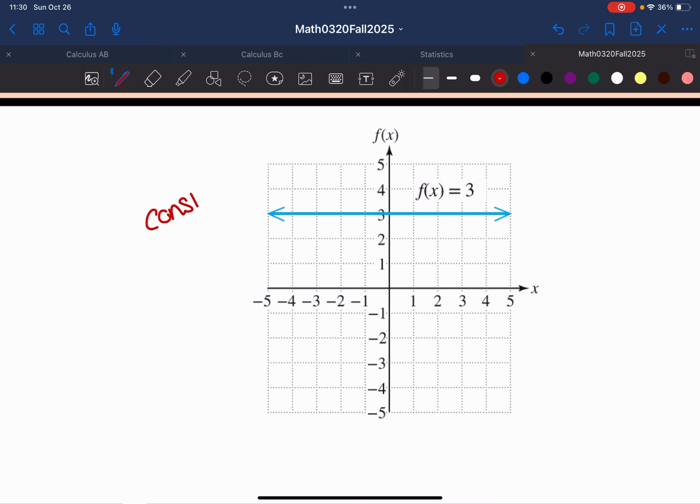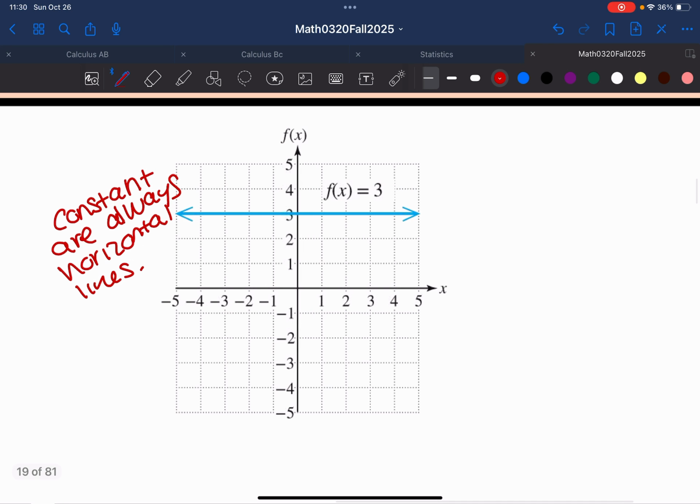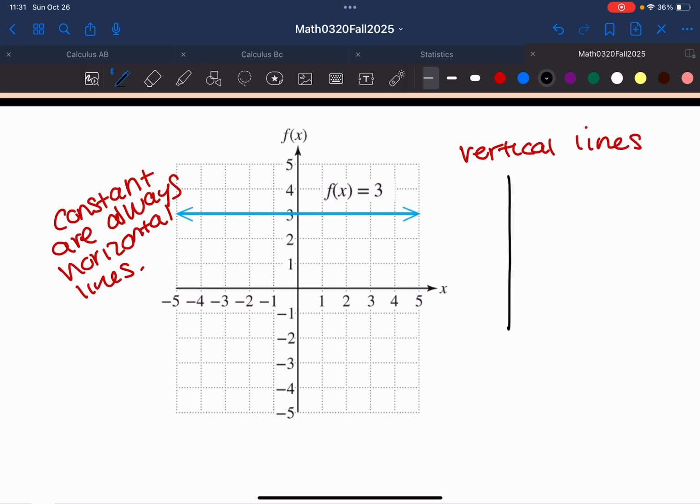Constant functions are always horizontal lines. Remember, we talked a little bit about vertical lines the other day when we talked about the vertical line test. Let's say we had this as our graph.